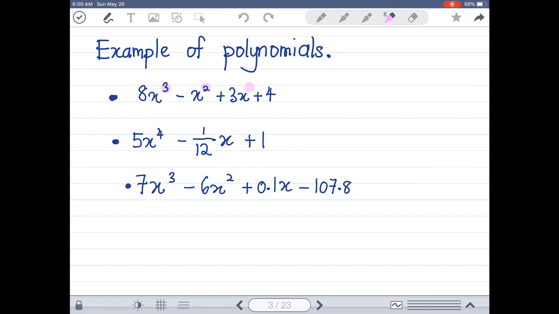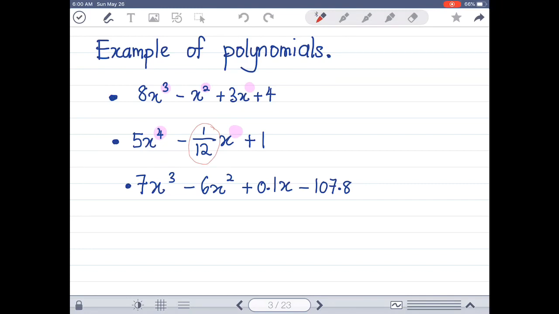So it is a polynomial. Look at the second example. We have 5x to the power of 4 minus 1 over 12x plus 1. So again, the value of n here is a positive integer. Although we have the coefficient of x as a fraction, it doesn't really matter.